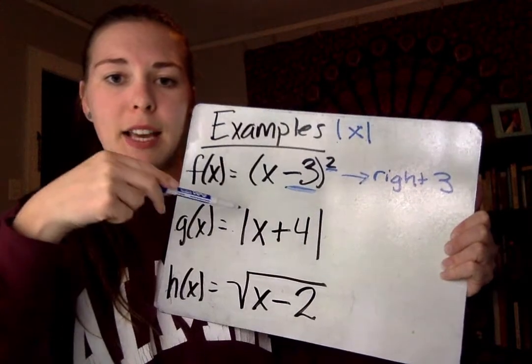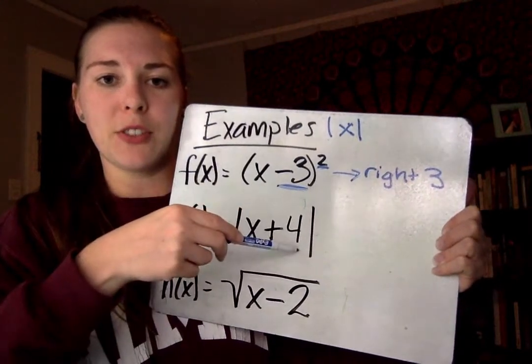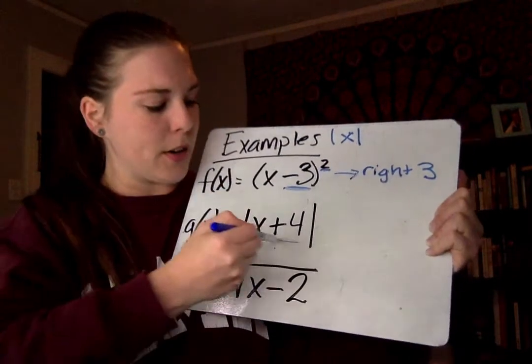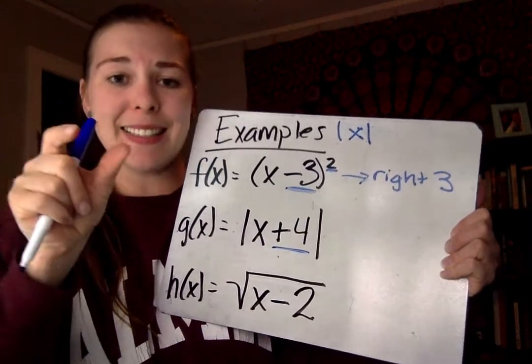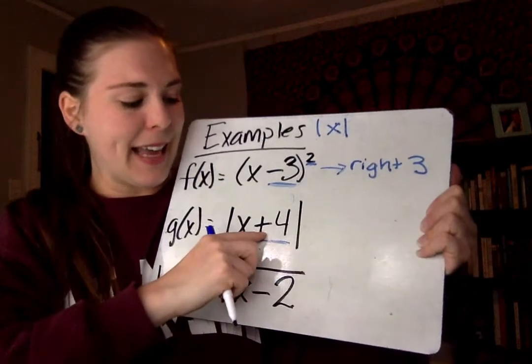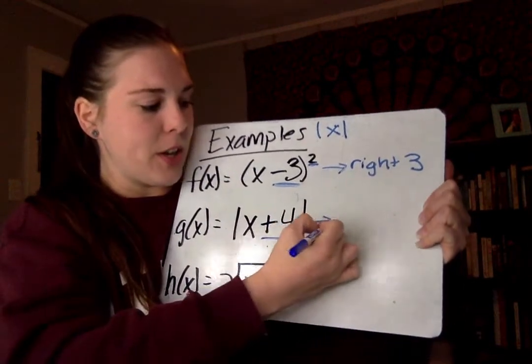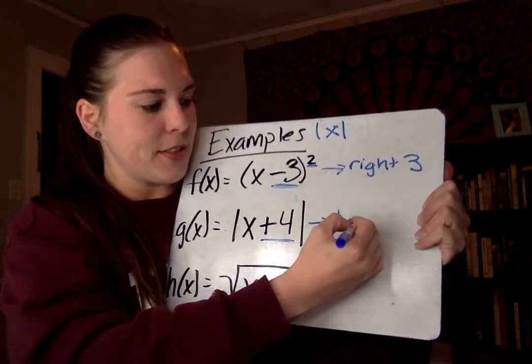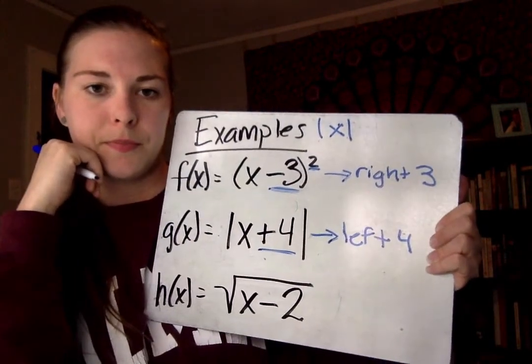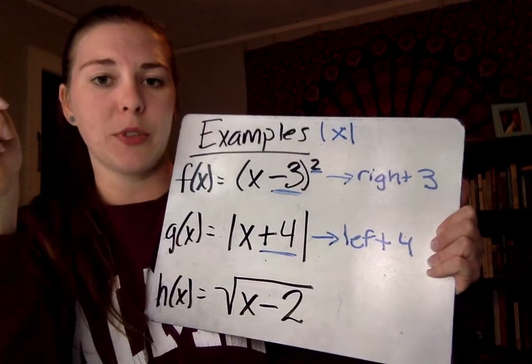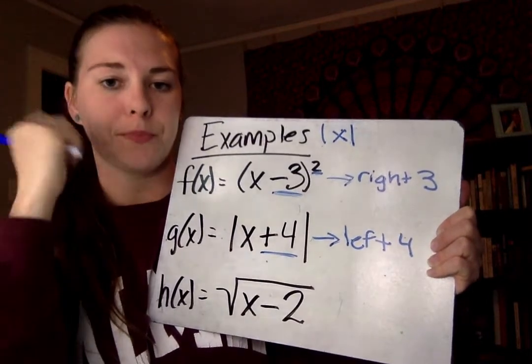Well, inside those bars, I now have not just an x, I have a +4. That's a big change. Since it's inside the function and it's adding, this means that we are moving left 4. It's a horizontal transformation, left 4.